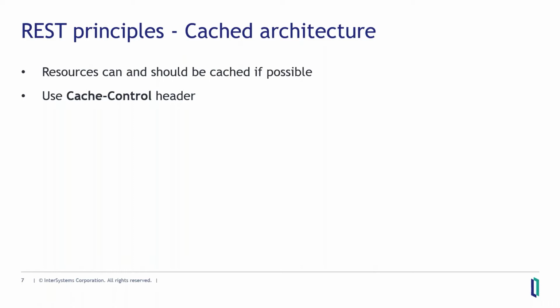Modern browsers all understand it perfectly fine. So on the server side, you just add this header, and the browser wouldn't make this request again. Even if the client application does this request, it would all be resolved by the browser. So cached architecture caches more or less static things, static data, if it's possible.